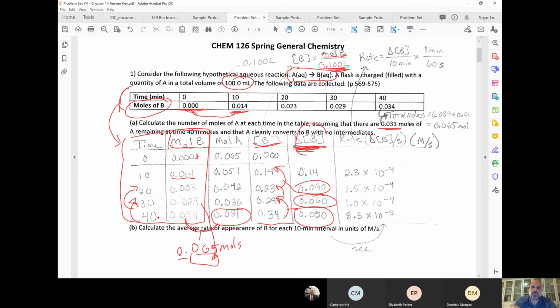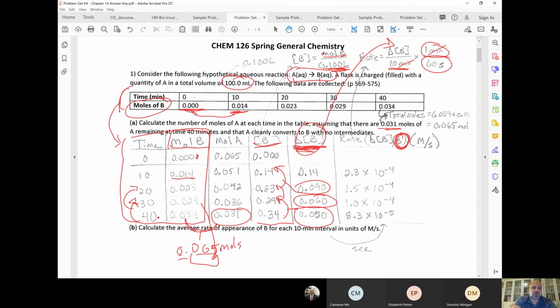So we take all of these changes in B and plug them in the equation up there. We're going to divide by 10 minutes for each of these. We know rates are in seconds, so we need to convert from minutes to seconds. So the minutes will cancel, and then we do the math. And that's what's being done down here, we simply plug in.